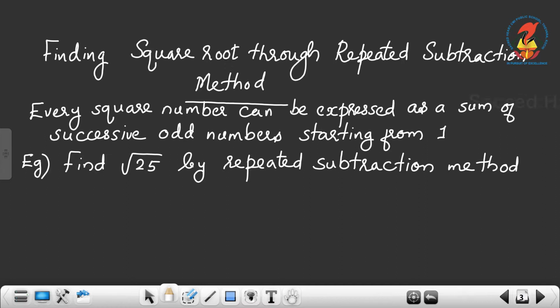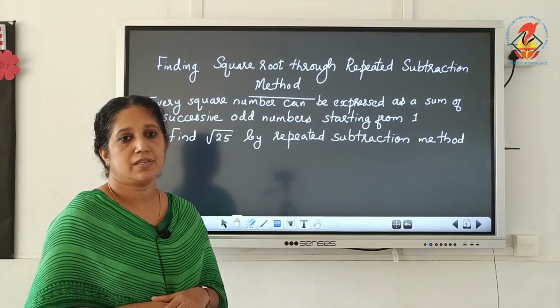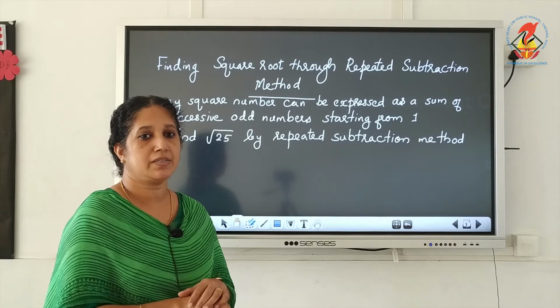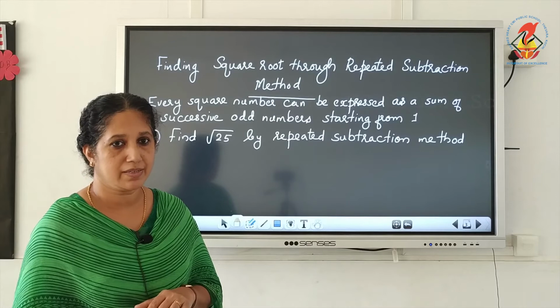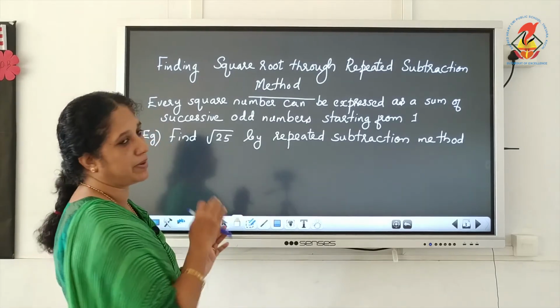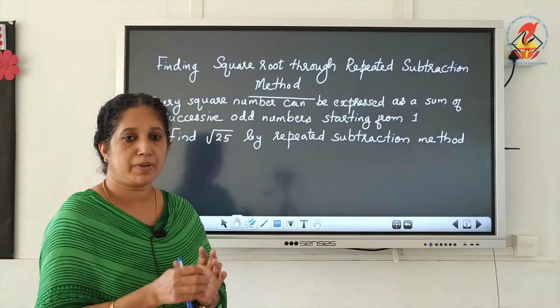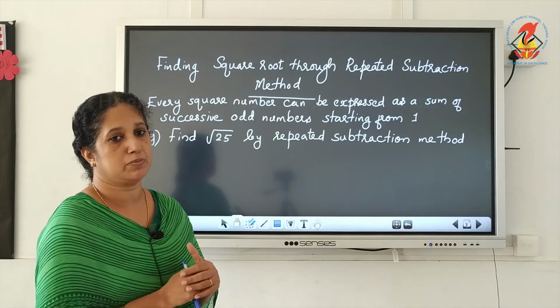Do you remember the repeated subtraction method? We used that method to check whether a given number is a perfect square. The same method we are applying here. Which concept do we have to think about?